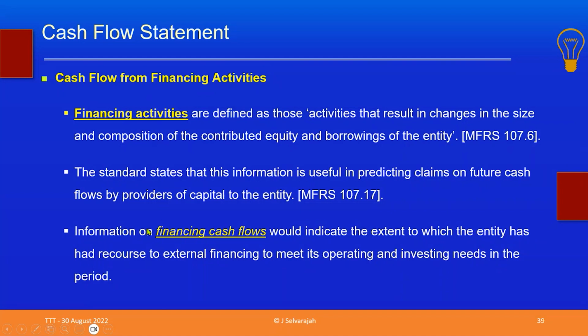Okay, so the standard states that this information on the share capital and the borrowings is useful to predict claims on future cash flow by providers of capital to the entity. Claims here means, what can they expect from the future cash flow?